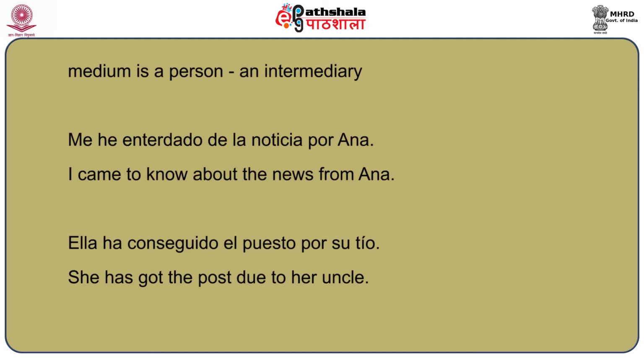Me he enterado de la noticia por Ana. I came to know about the news from Ana. Ella ha conseguido el puesto por su tío. She has got the post due to her uncle.